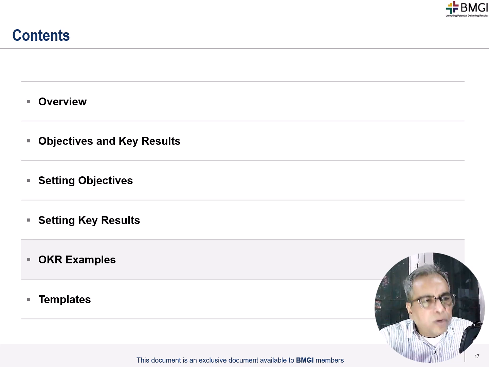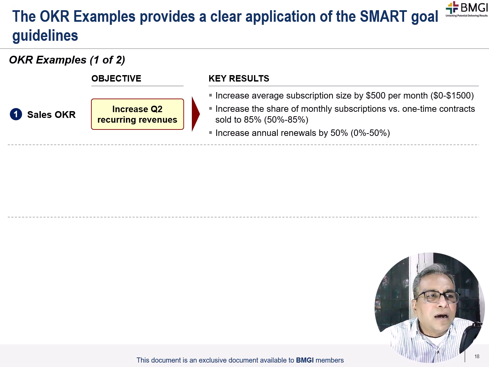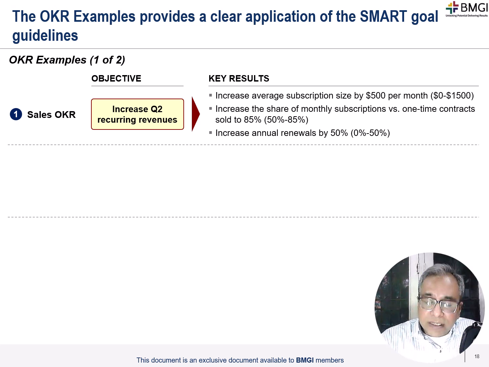So basically, coming to the end of it, we have OKR examples. Let's see quickly some of them. Sales OKR, right? For a first quarter, you may want to increase recurring revenues. Now see how specific it is. We are not just saying revenues, we are saying recurring revenues. How are we going to measure it? What are the results?